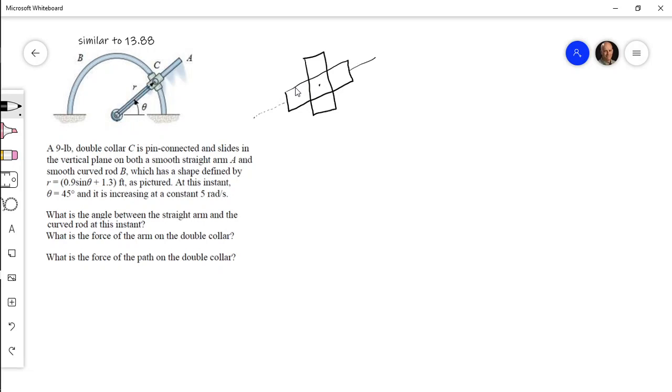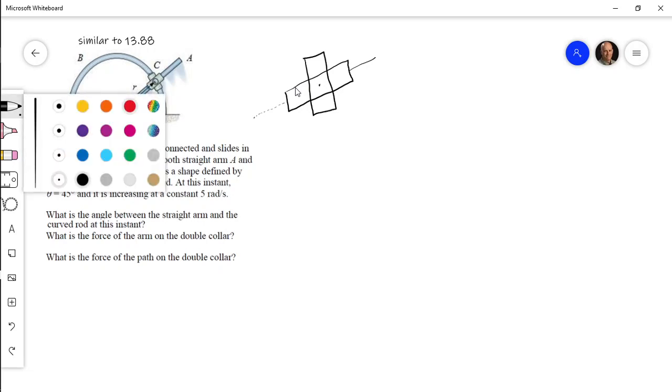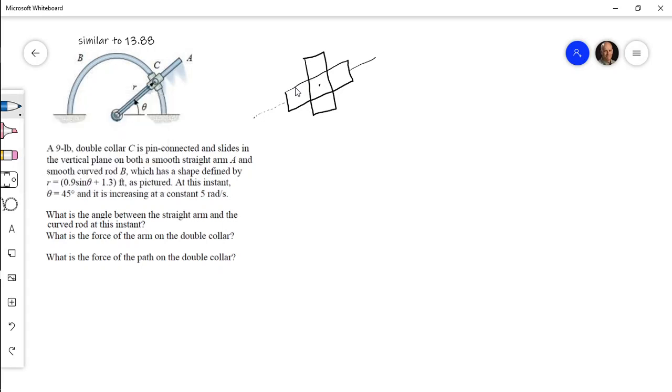Given that this problem is set up with r as a function of theta and theta, polar coordinates are the way to go. Let me switch to blue for the coordinate system.